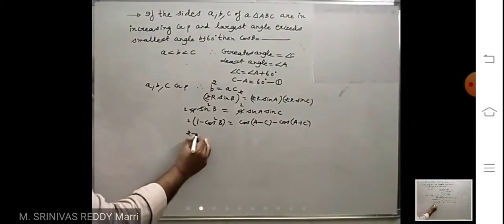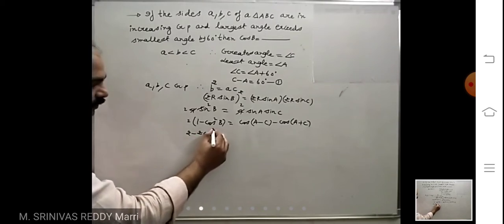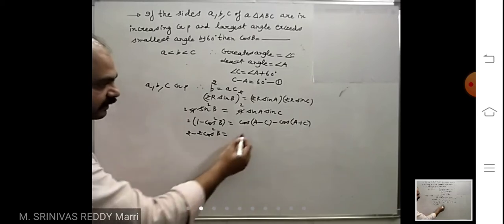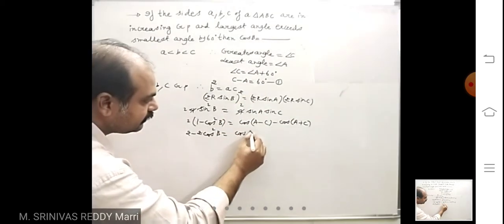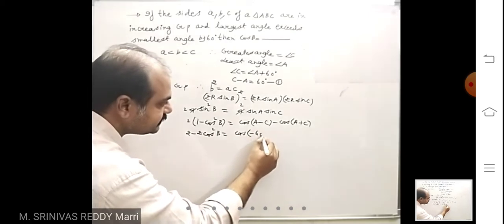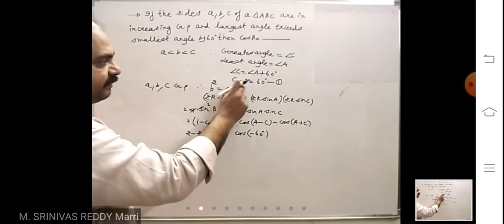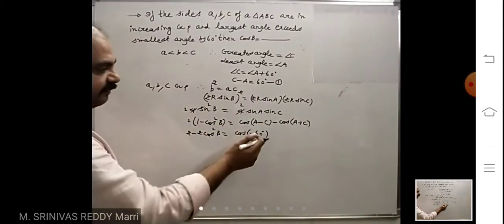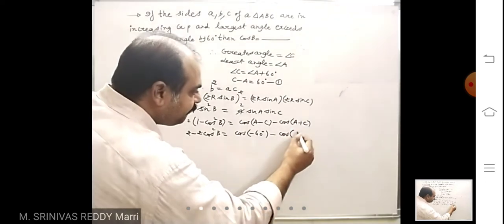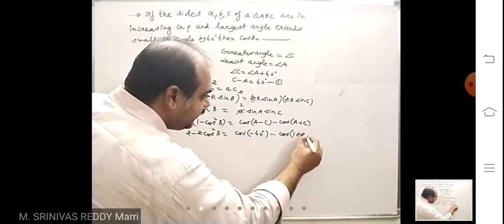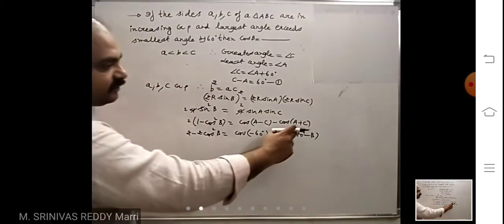Now look at here. Here 2 minus 2 cos square B is nothing but, this is A minus C. That means this is minus 60 degree. From 1, C minus A is 60 degree. Therefore, A minus C is minus 60 degree. A plus C in triangle is nothing but 180 degree minus B, because A plus B plus C equal 180 degree.